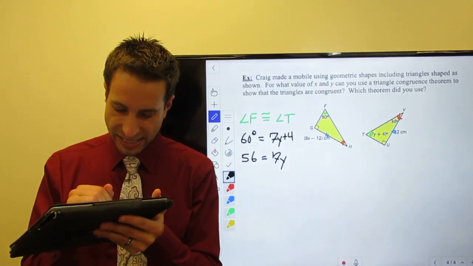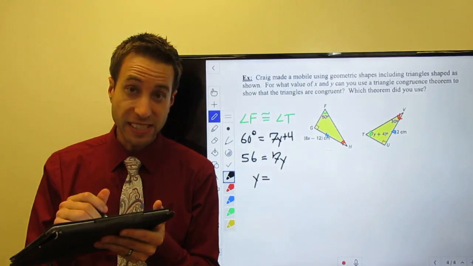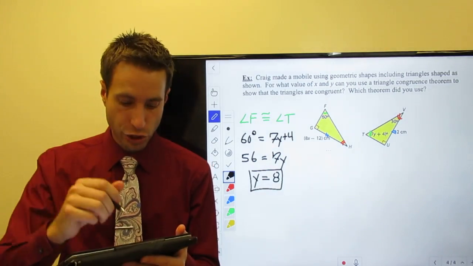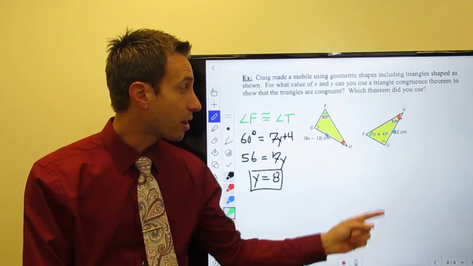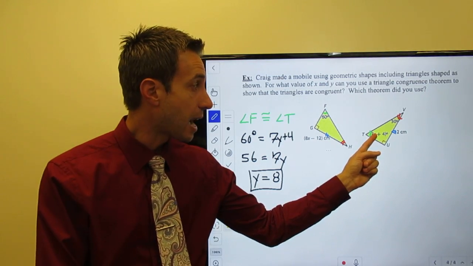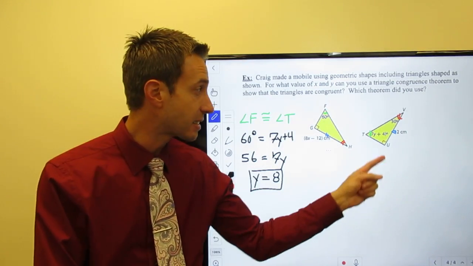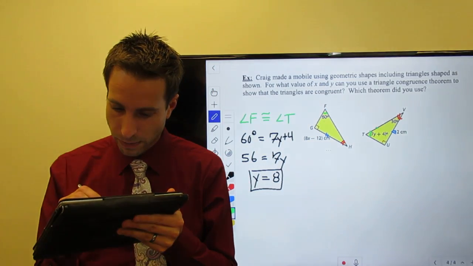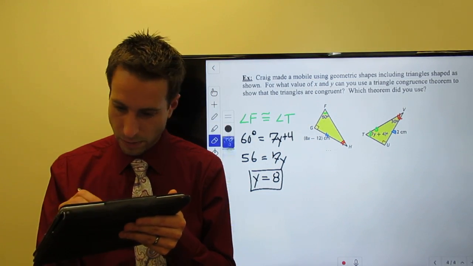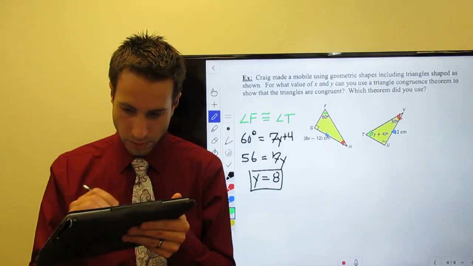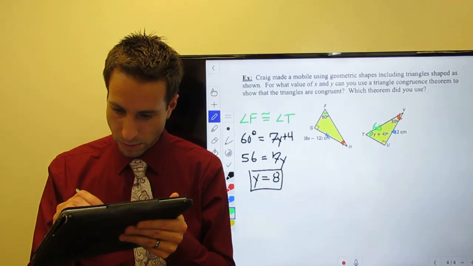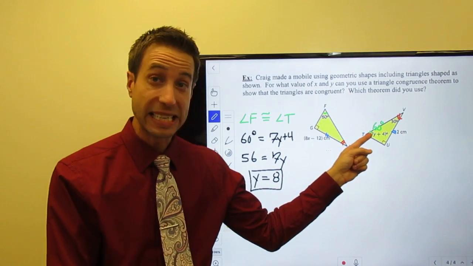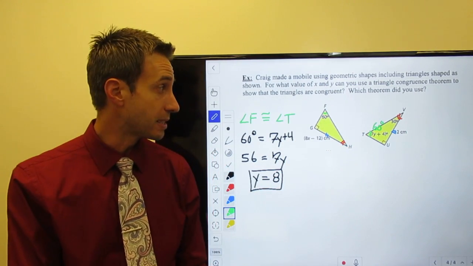Divide both sides by 7. 56 divided by 7 would be 8. Now, check it. If I plug in an 8, 7 times 8 is 56. 56 plus 4 is 60. I get 60 degrees. Which is perfect. That's exactly what I needed. Angle F was 60. I need angle T to also be 60.